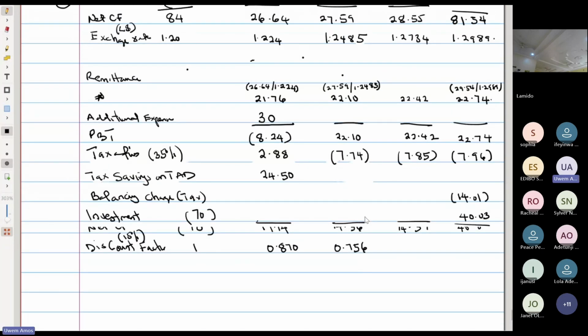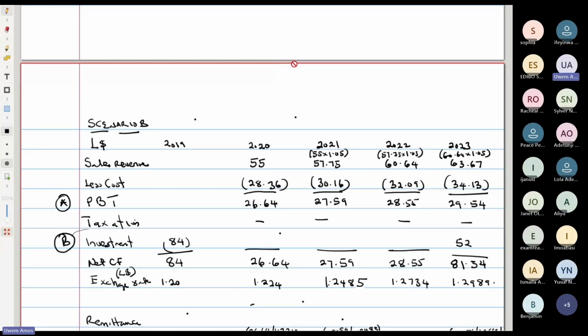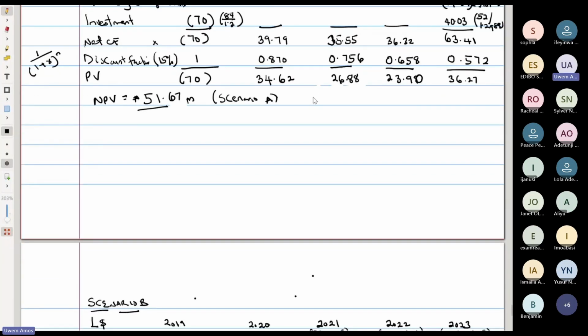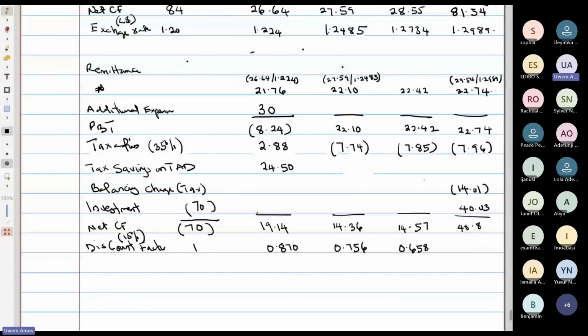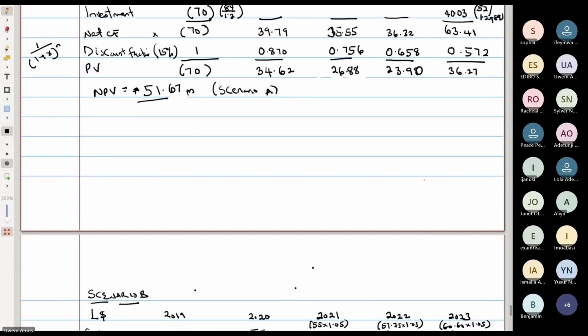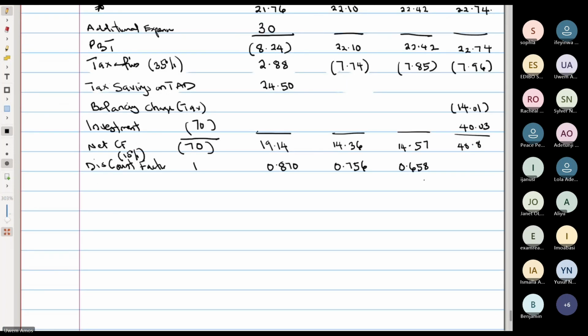The next one, 0.658, and then finally 0.572.